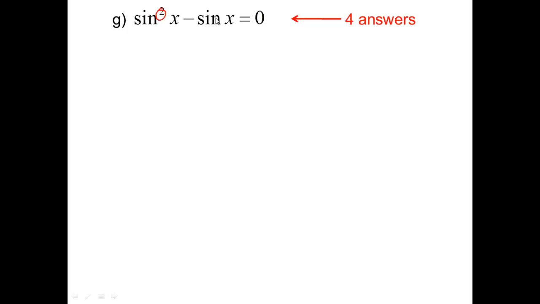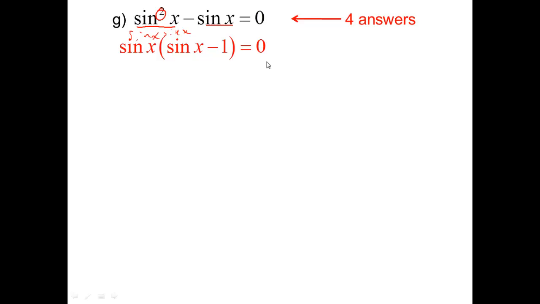Now in this case we have a binomial, which means the factoring technique that we can use is GCF. Let's look for a common factor. Well, I have a sine squared and a sine. Well, that means I have really a sine times sine and then just a single sine here, which means I have sine as a GCF. I can factor out a sine.